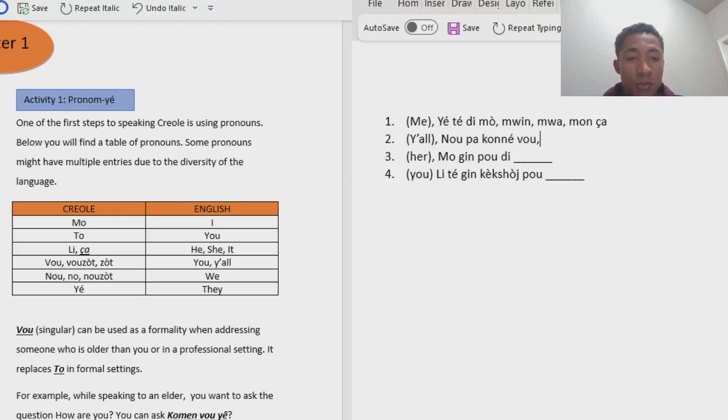You can use vous, vous autres, or even zot, which will translate to nous pas connaît zot, we don't know y'all.